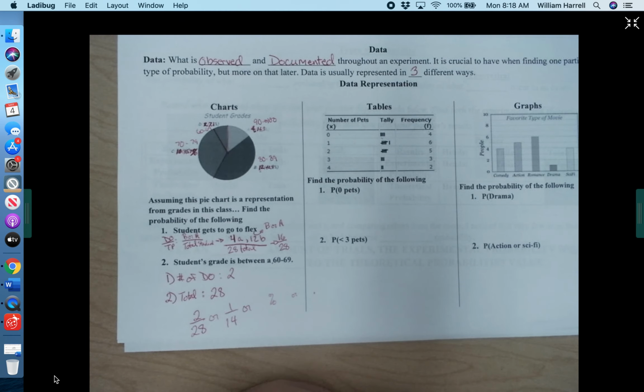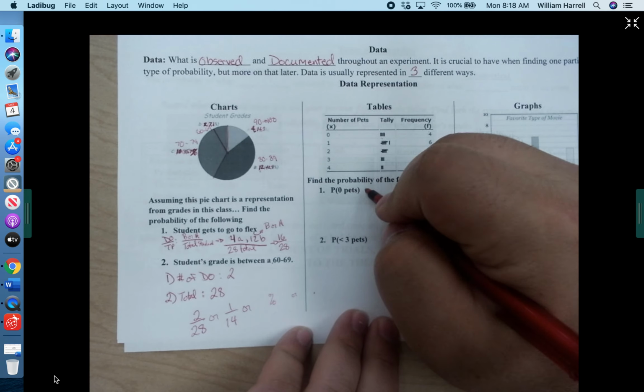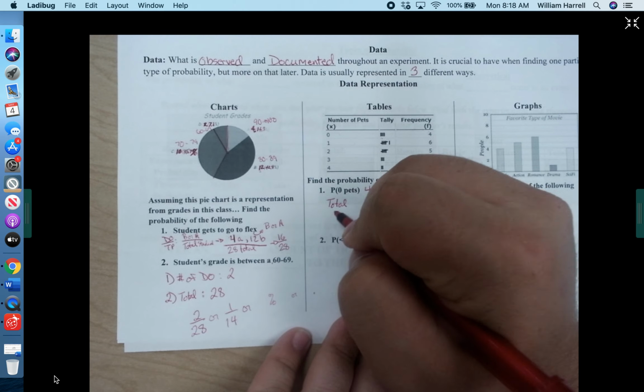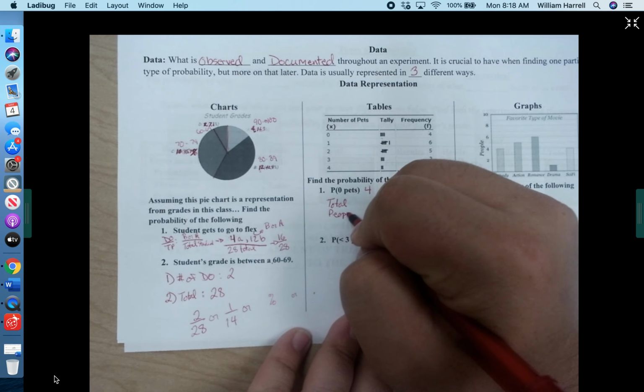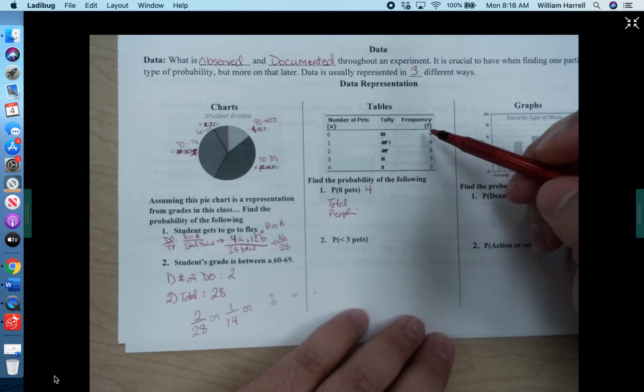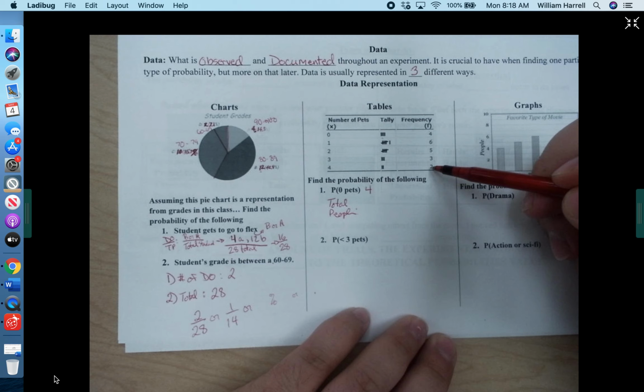So find the probability of the following. The probability that you have 0 pets. Again, so how many people have 0 pets? 4. Now, how many total people are there? To find the total, you just add up all of these.